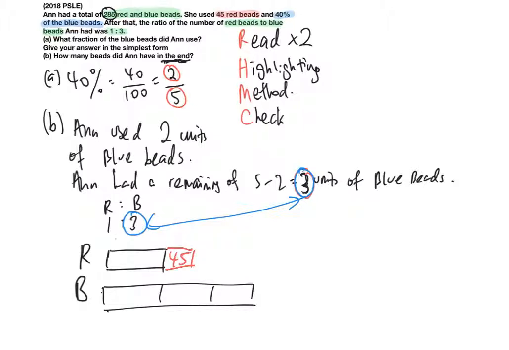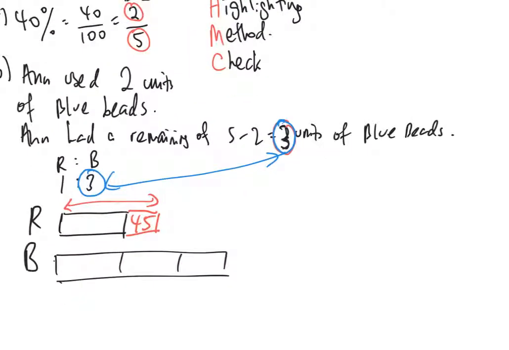Okay, so this was the amount of red bits that she had initially at the start. At the same time, she used 2 parts out of the 5 parts of blue bits that she had. Okay, so this blue bits was remaining, and she used 2 parts before.